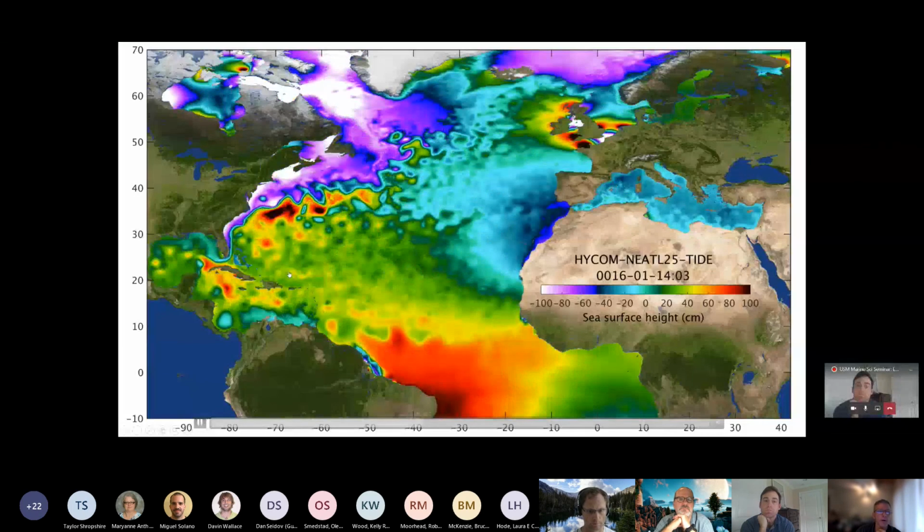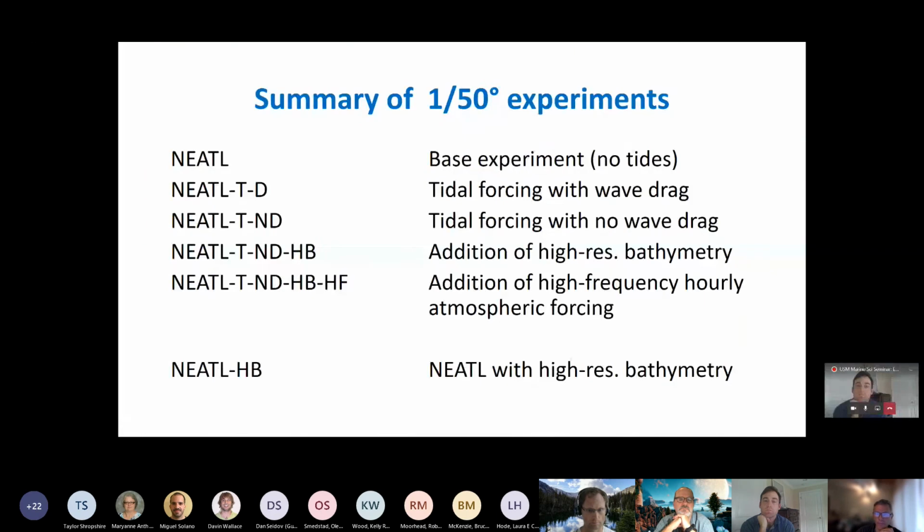All right, so we did another series of experiments. You have the base experiments. We do tidal forcing with and without wave drag, then add high resolution bathymetry, and then high frequency hourly atmospheric forcing. That's the series of experiments that we did with that configuration.